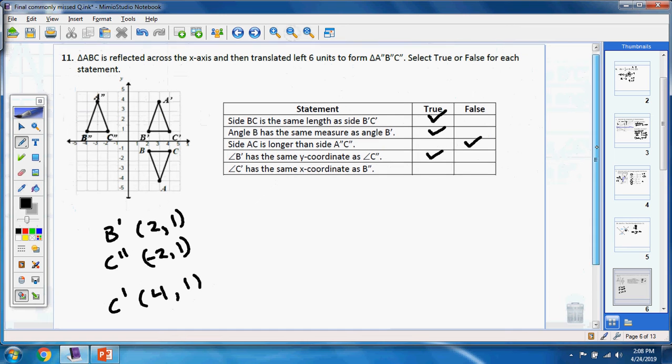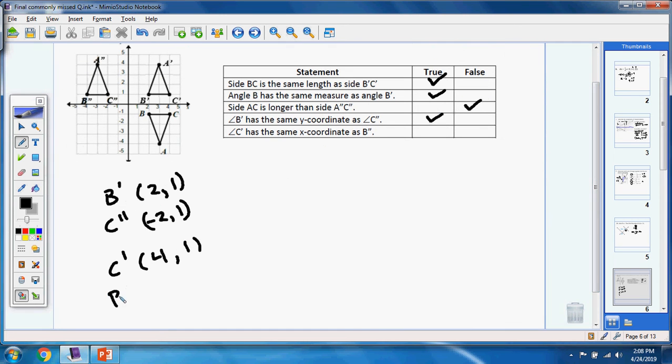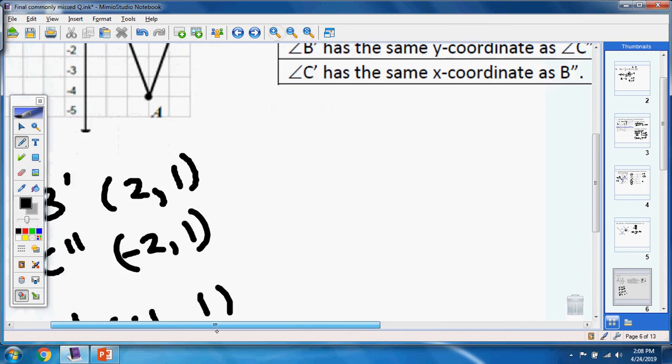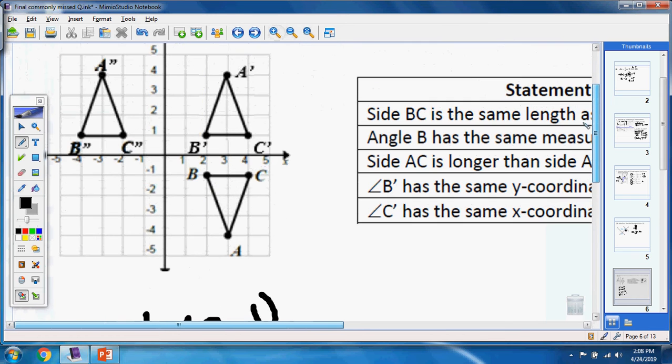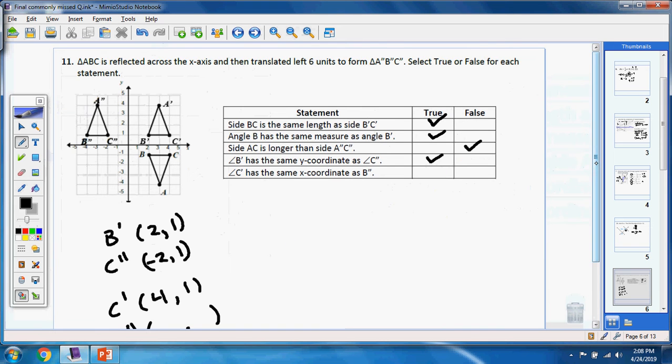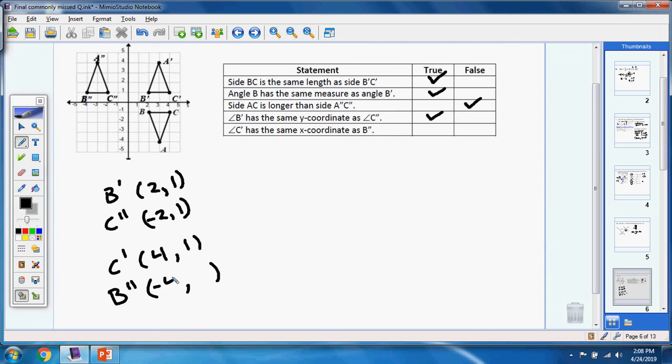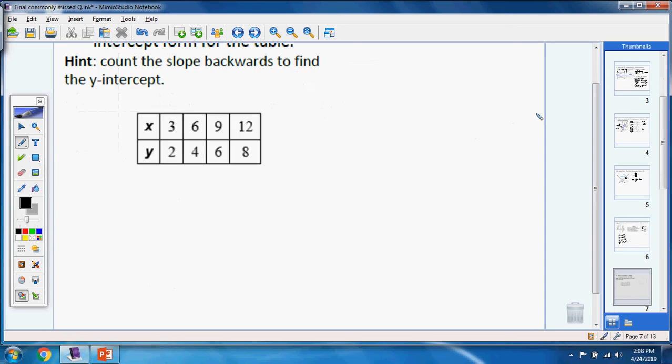And B double prime, that is negative 4, 1. And the question says the same x-coordinate. If you notice, the x-coordinate is 4 and negative 4, so that is not the same. That would be false there. All right.